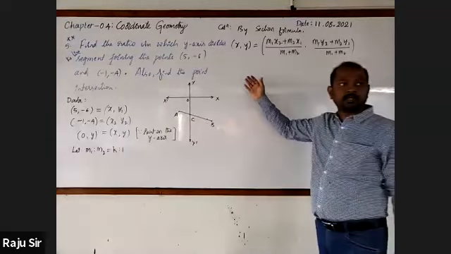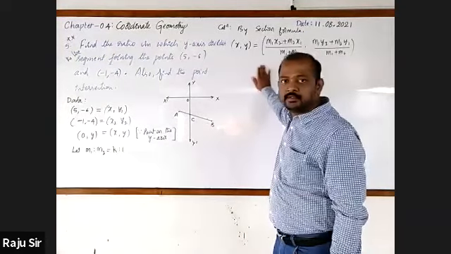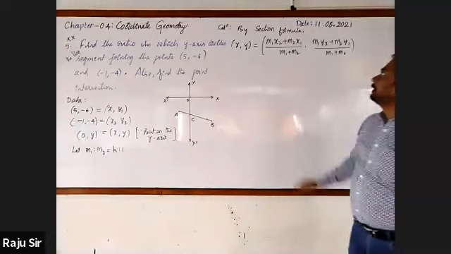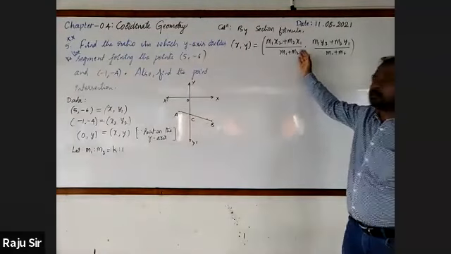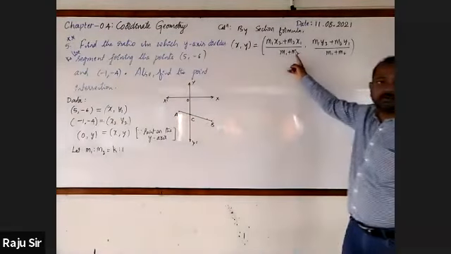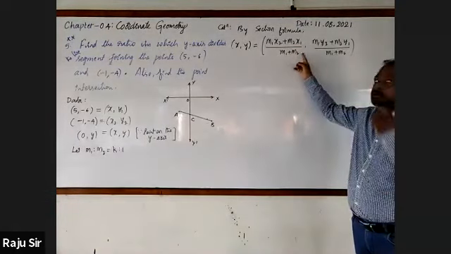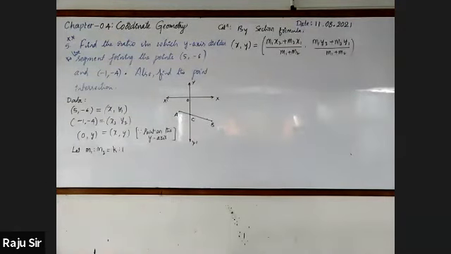Again, let's go for using the section formula. x comma y equals (M1 x2 plus M2 x1) by (M1 plus M2), and for the y coordinate, (M1 y2 plus M2 y1) by (M1 plus M2).